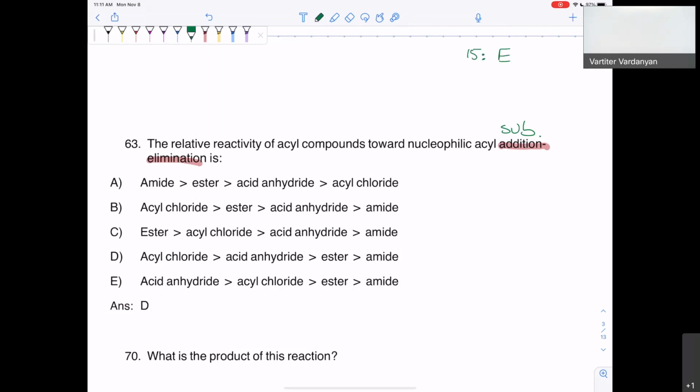15 was electrophilic aromatic substitutions. Those were all about benzene rings. 16 was nucleophilic additions. And then 17 is nucleophilic substitutions.